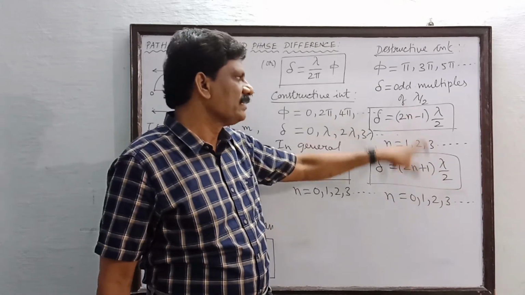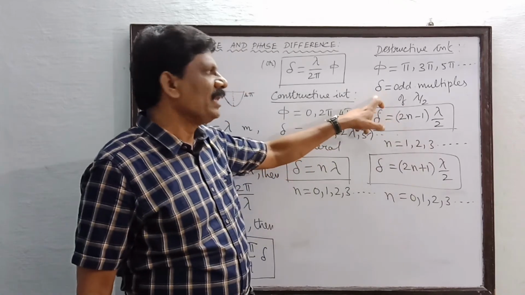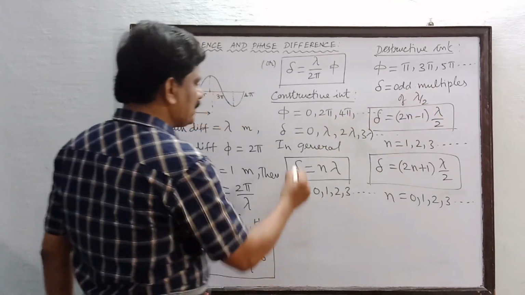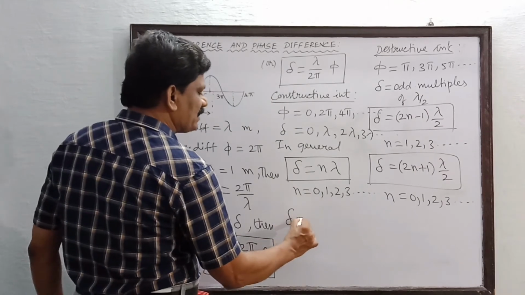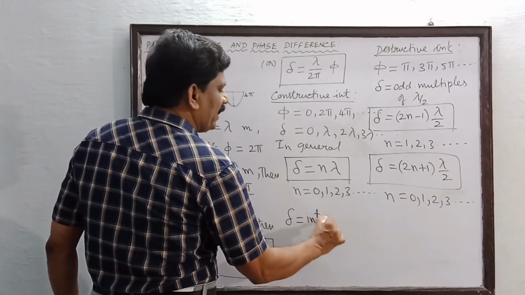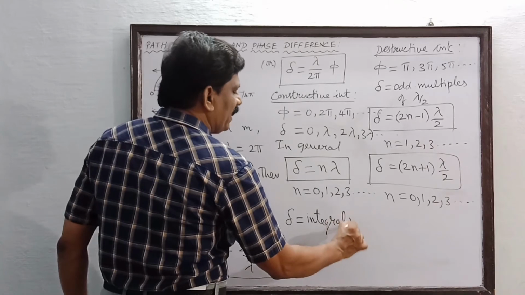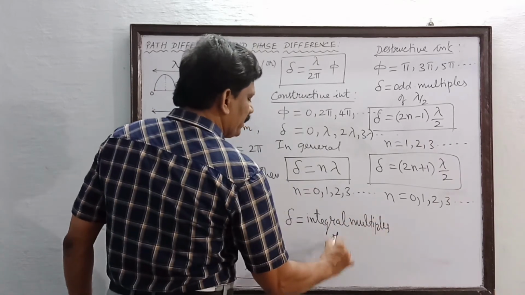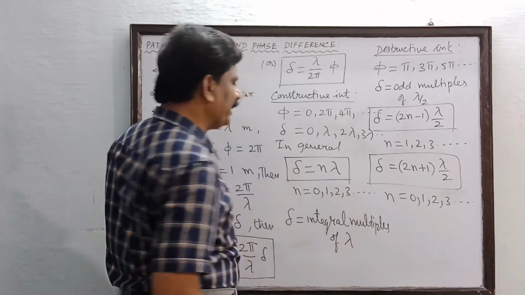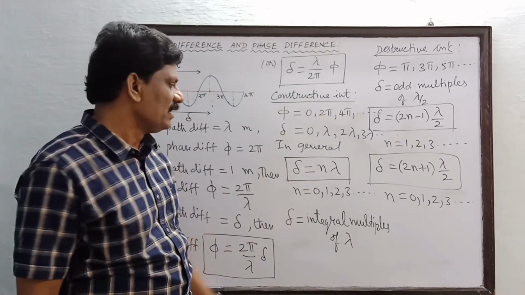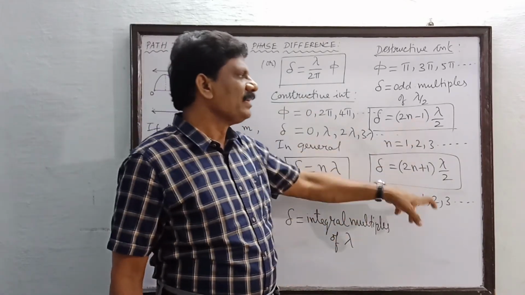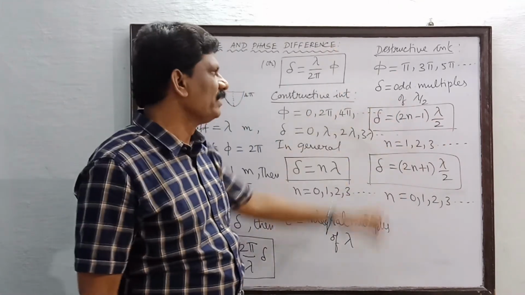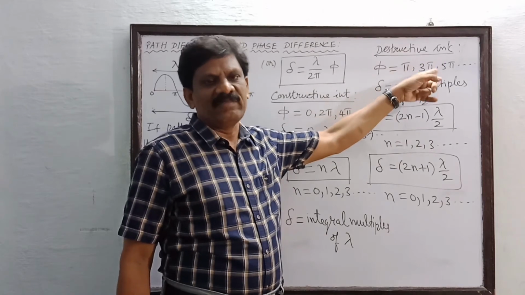So in both cases, the path difference must be odd multiples of lambda by 2. Whereas here the path difference must be integral multiples of a wavelength. So integral multiples of the wavelength lead to constructive interference, and odd multiples of half wavelength, or half integral multiples of the wavelength, lead to destructive interference.